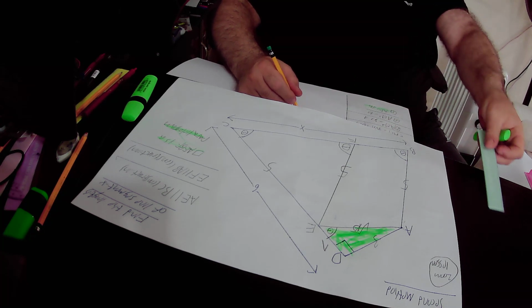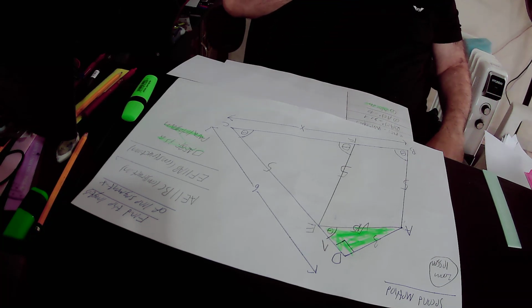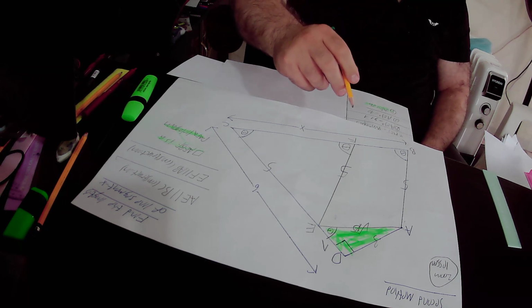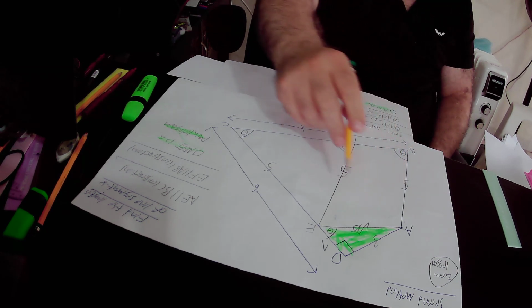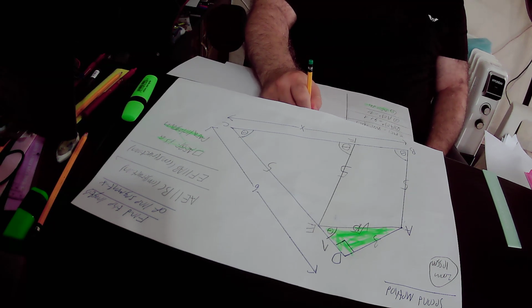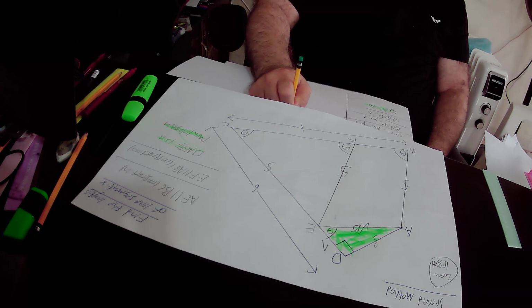In this parallelogram, according to rule number 4, AE equals BF.